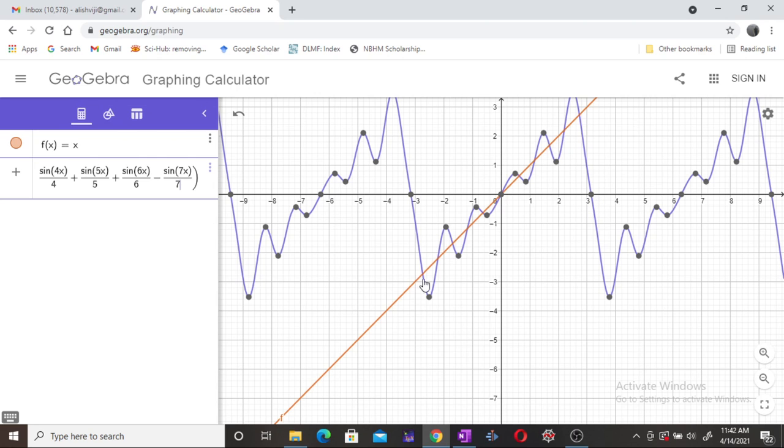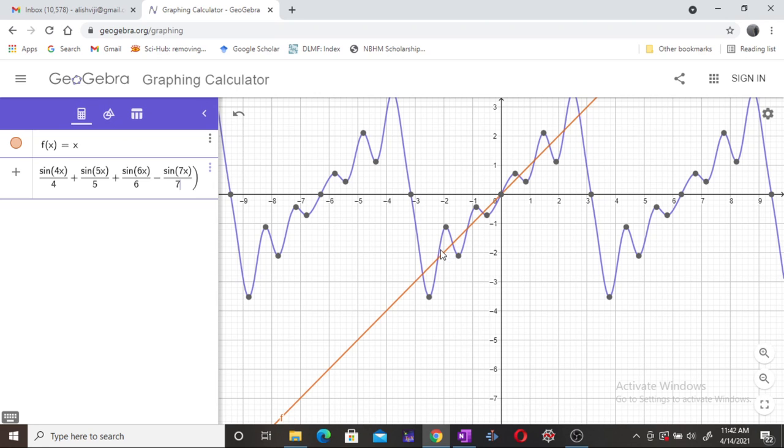It does not converge to the exact value of the function f of x is equal to x. For all other points, the function and the sum of the Fourier series are the same, and the difference between the series representation and the function is very small.